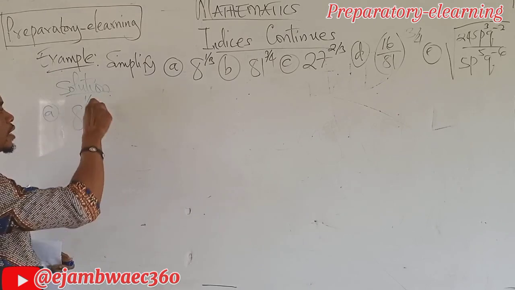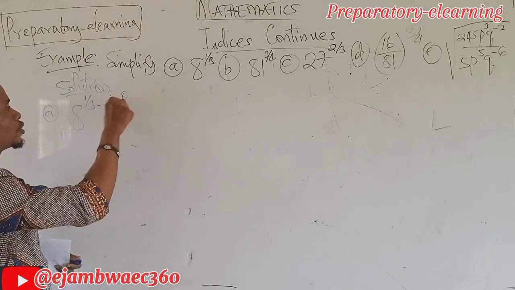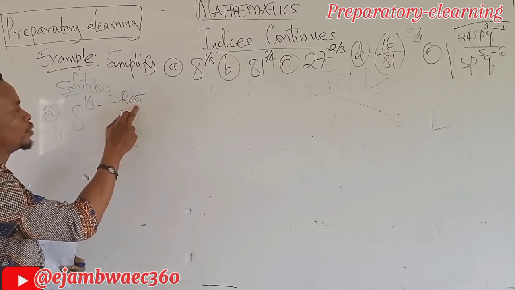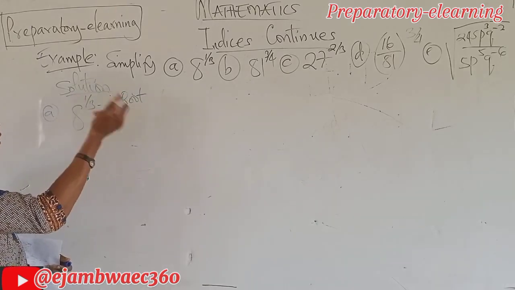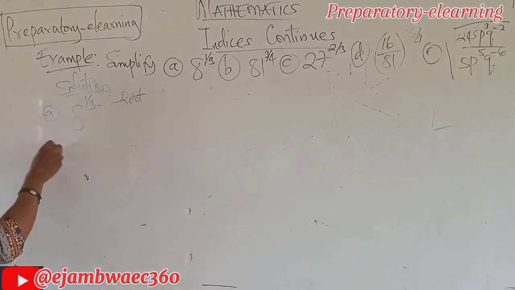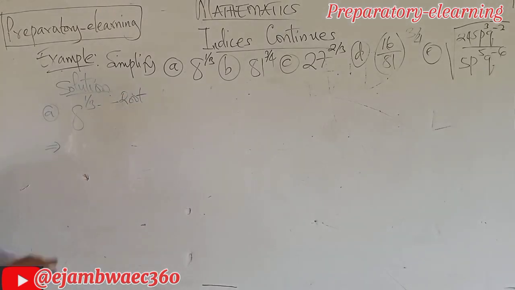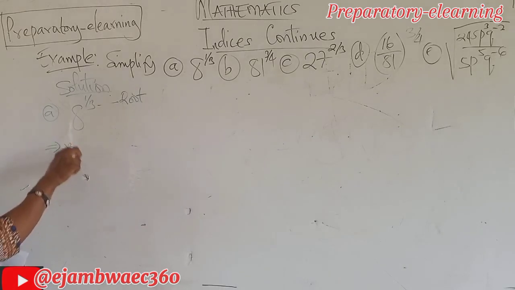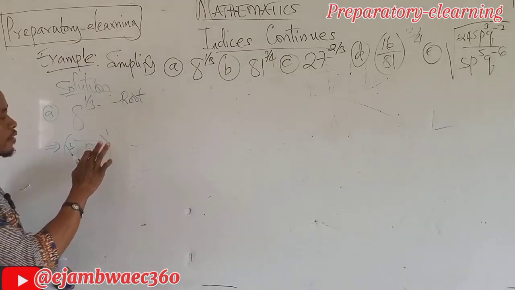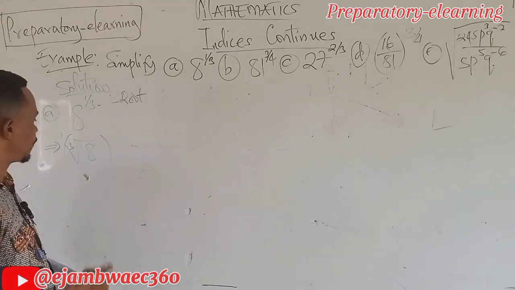This 3 here is our root, which because of this 3, is the cube root. And whatever you have on top is the power. So because of this root power law, we now have this to be solved as cube root of 8. Very simple. Even if you put it to power 1, it does not really mean anything.